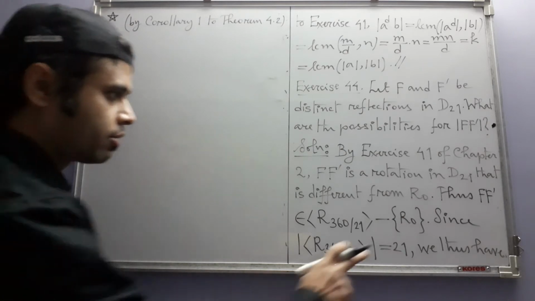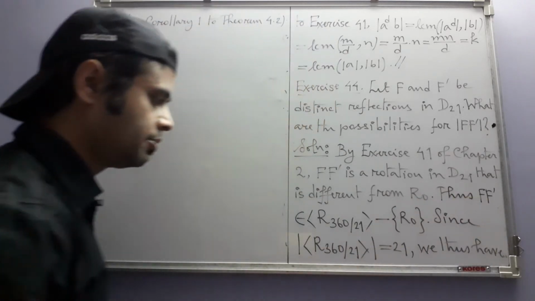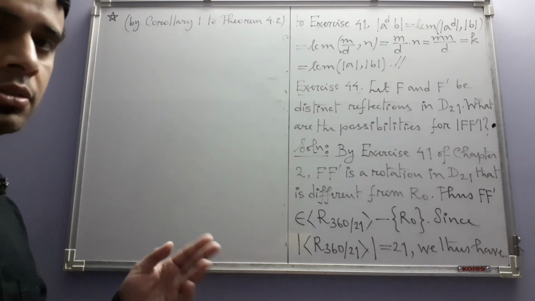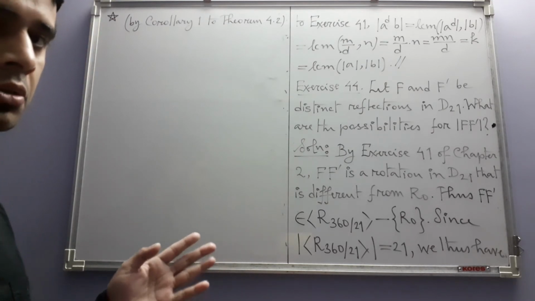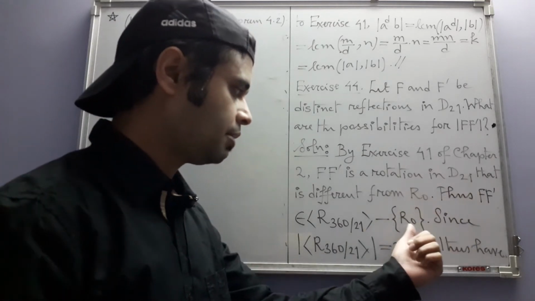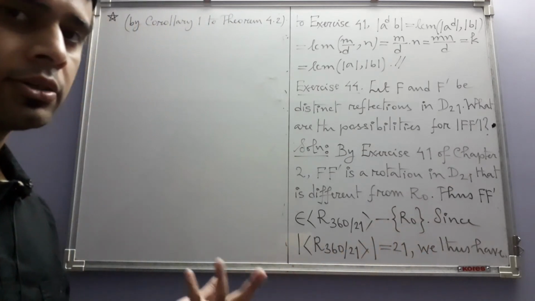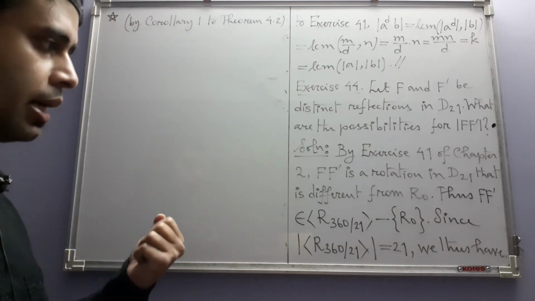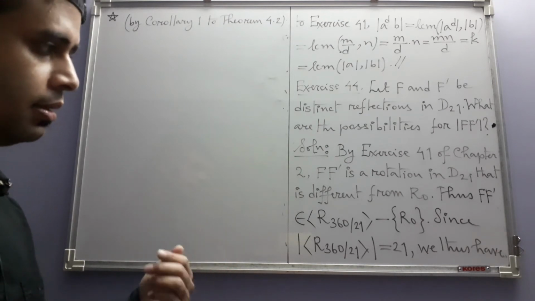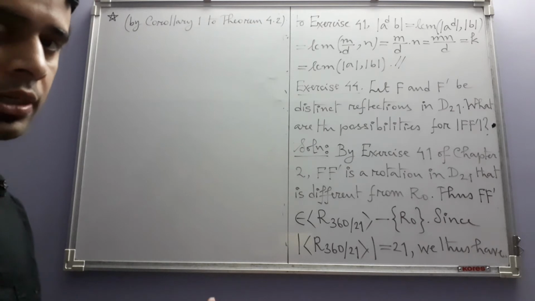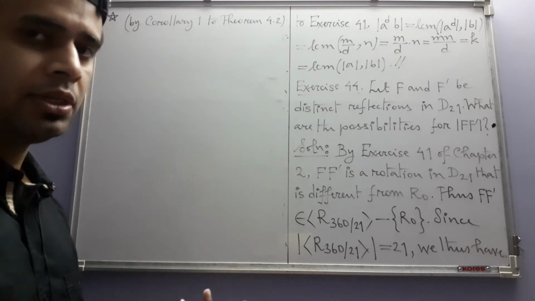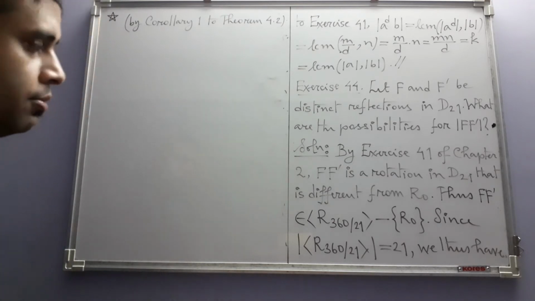So that means the order of f f prime should divide 21. So there are 4 possibilities. Either the order is 1 or 3 or 7 or 21. But it cannot be 1 because f f prime is not equal to R0, and the identity element is the only element in any group whose order is 1. Any other element, any non-identity element must have order greater than 1. It may be infinite also, but not equal to 1.